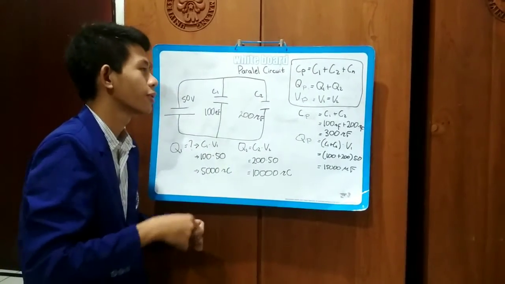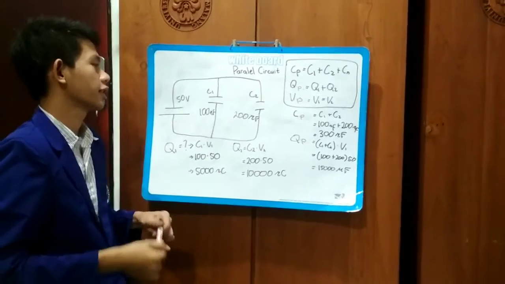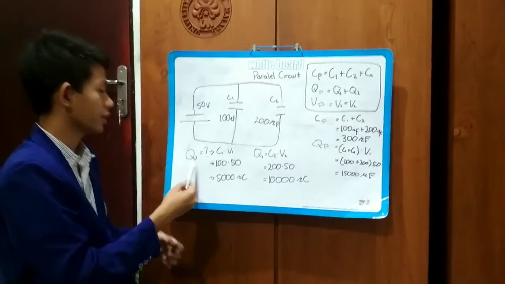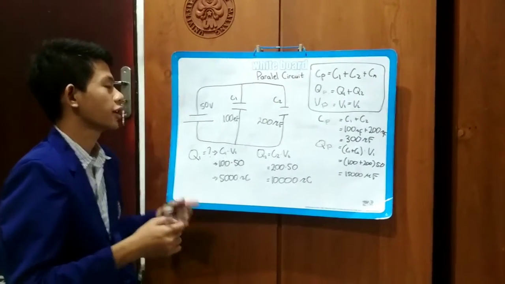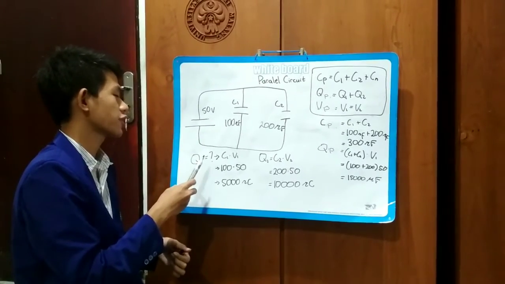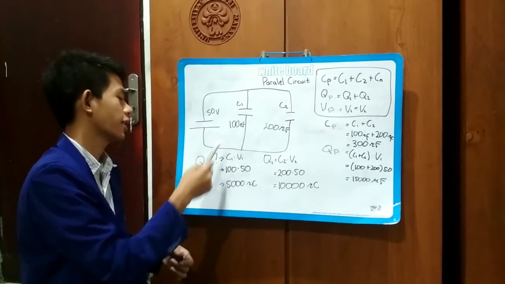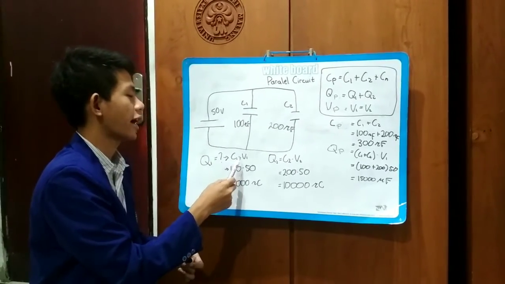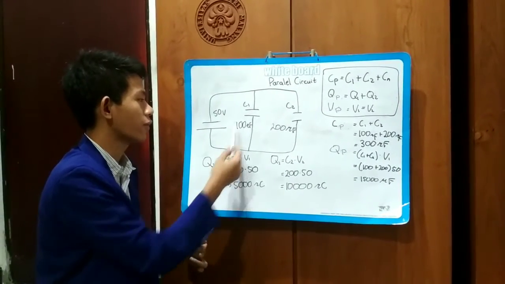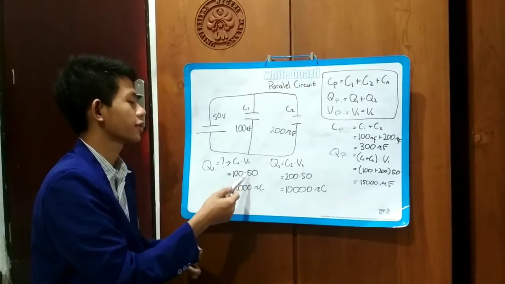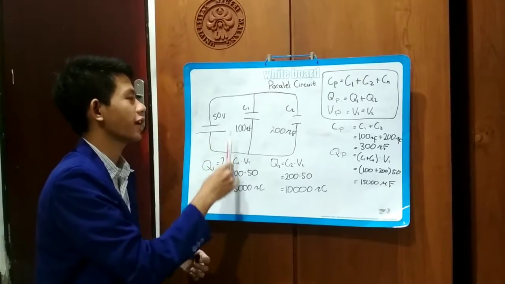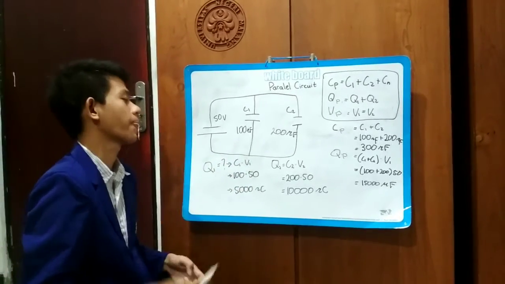Now we can calculate the charge stored in C1. In here, you can use this formula. The charge which is stored in C1 is C1 times V1, which is C1 is 100 microfarads times V1, which is 50 volts, because every element has the same value.